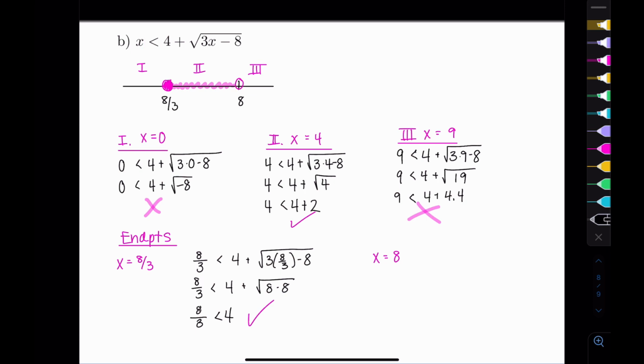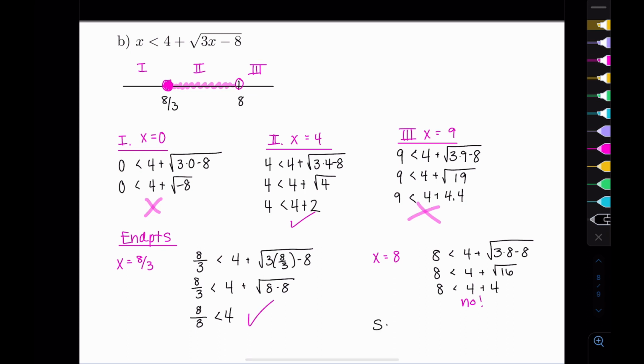But again, let's just plug it in. 8 is less than 4 plus the square root of 3 times 8 minus 8. 8 is strictly less than 4 plus the square root of 16, which gives us 8 is strictly less than 8. And so unfortunately, this endpoint we cannot fill in. Because it came from the equation, it only works if we have the equal to sign underneath.